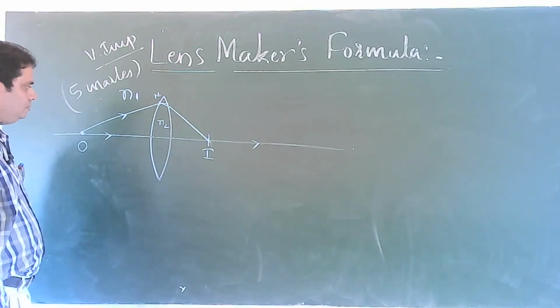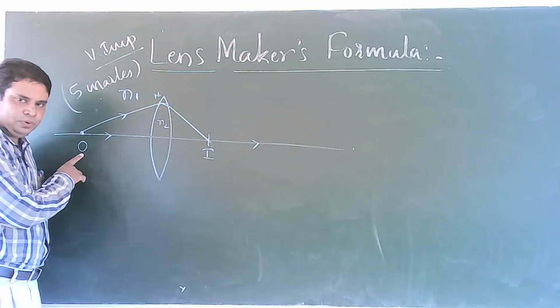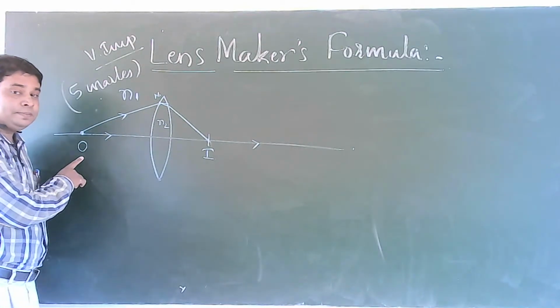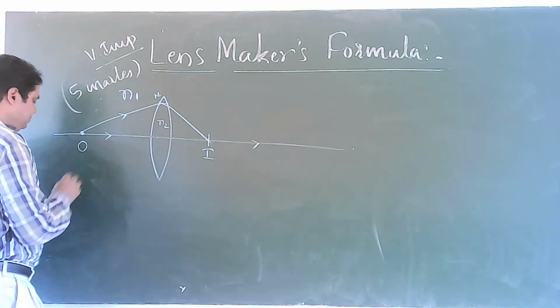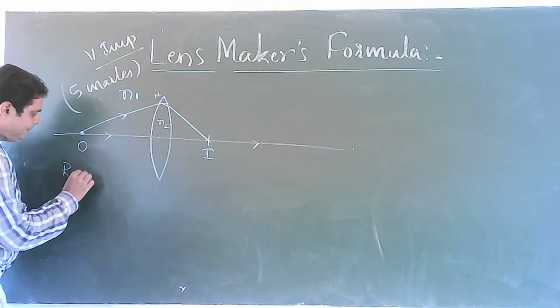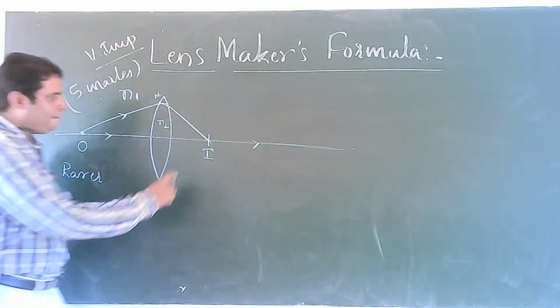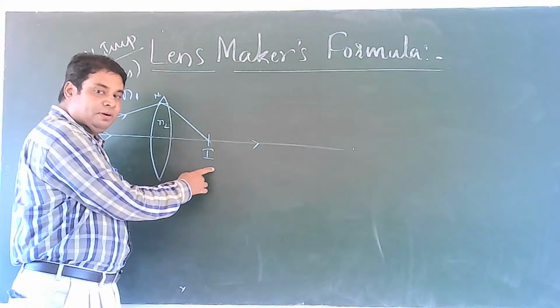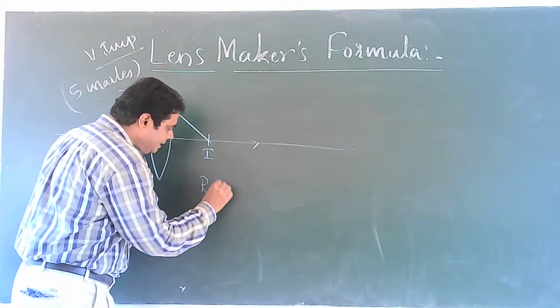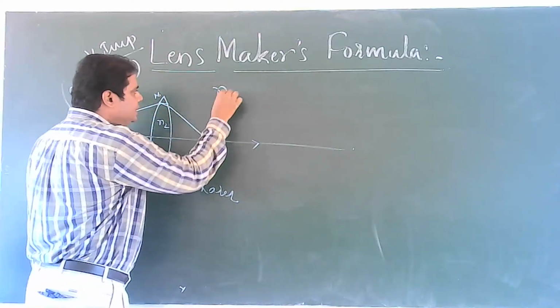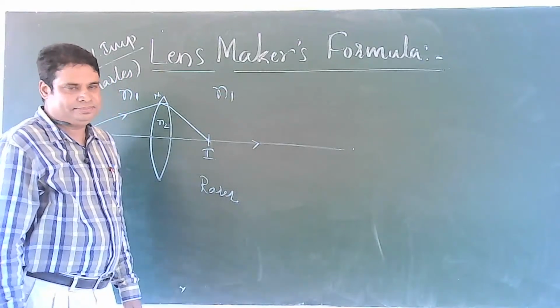Now, this is object O placed in the rarer medium. Right here, rarer medium. This is the image formed once again in the rarer medium, say n1.